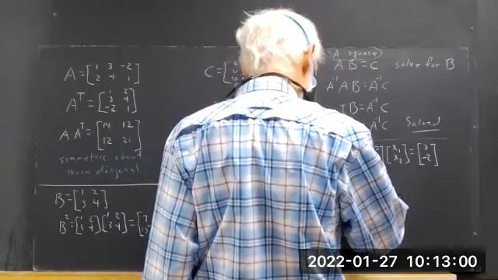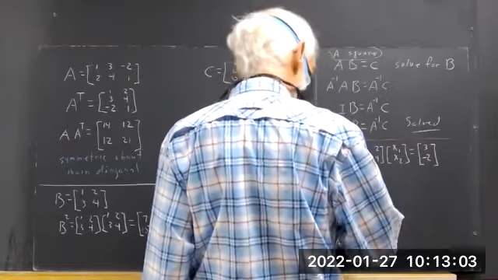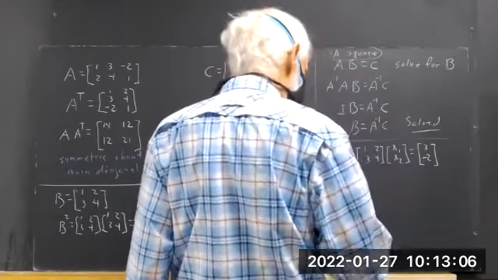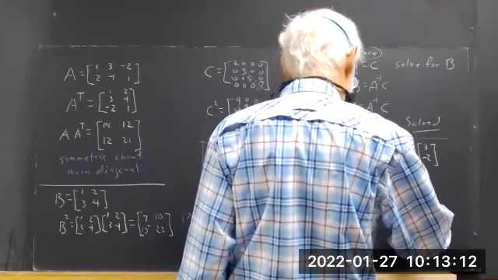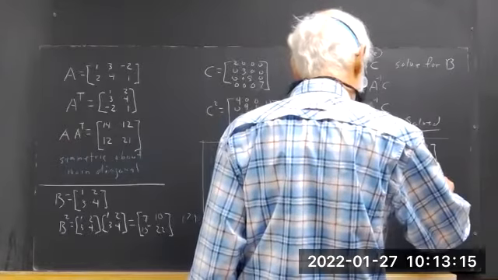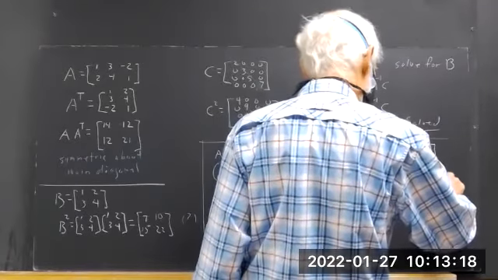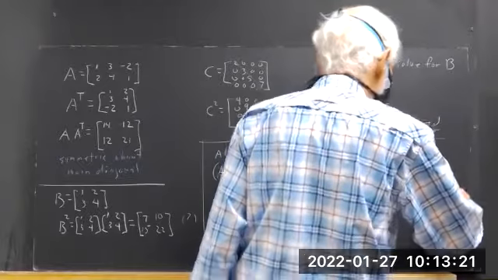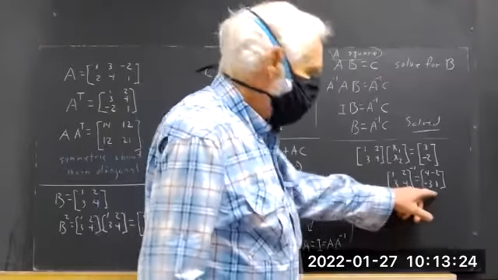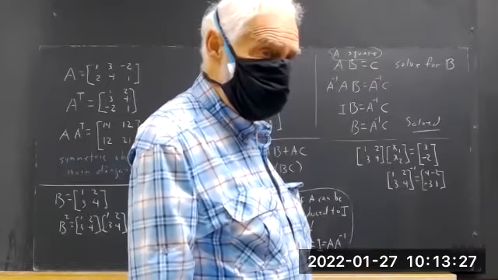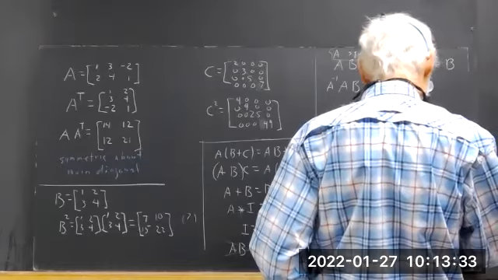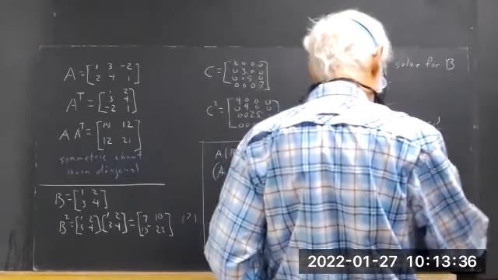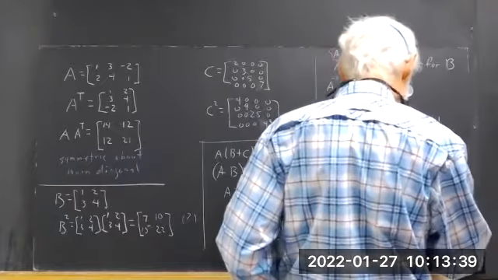Now, the inverse. I should write that down somewhere else. I don't have a good place to write it, so I'm just going to bring that right there a little bit. The inverse of this matrix is this matrix, divided by 4 minus 6, which is -2.